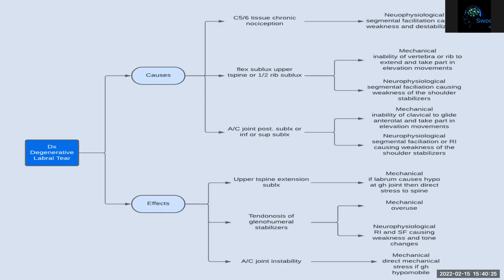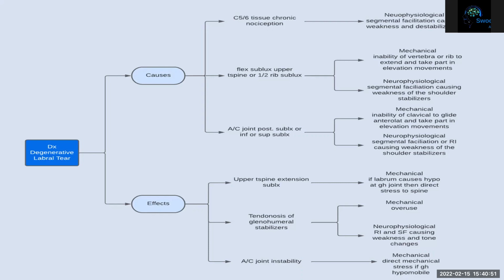Effects of this in other tissues: it can overextend the thoracic spine. So if the shoulder can't fully extend, which a hypomobile shoulder, called a labral impingement, if that can't fully extend, and these are not really uncommon in my experience, then you're going to start stressing out the thoracic spine, and one or more segments are likely to start subluxing into extension.